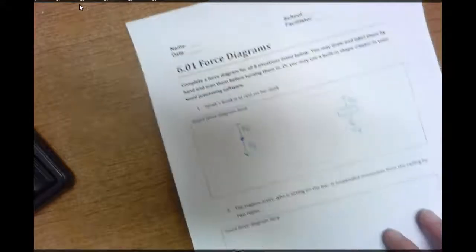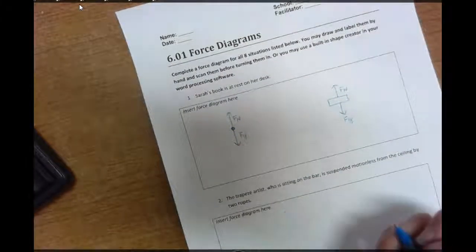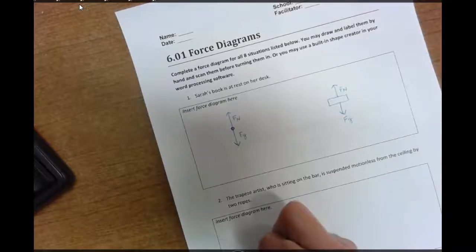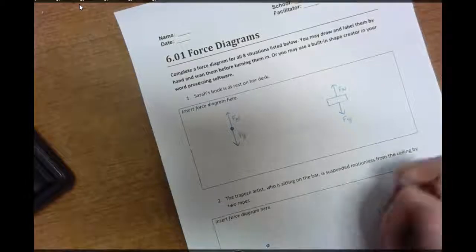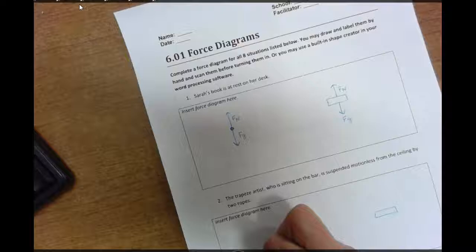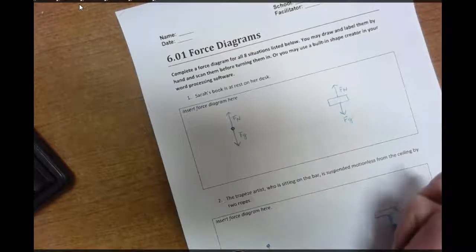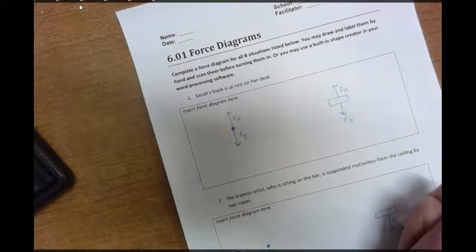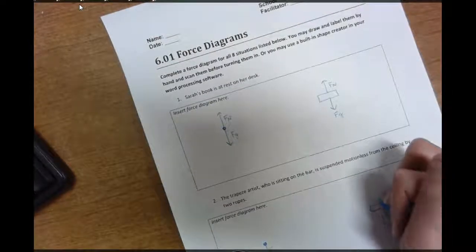All right, the trapeze artist who is sitting on the bar is suspended motionless from the ceiling by 2 ropes. So trapeze artist, however you want to show it, gravity pulling her down. And then she's got 2 forces up.